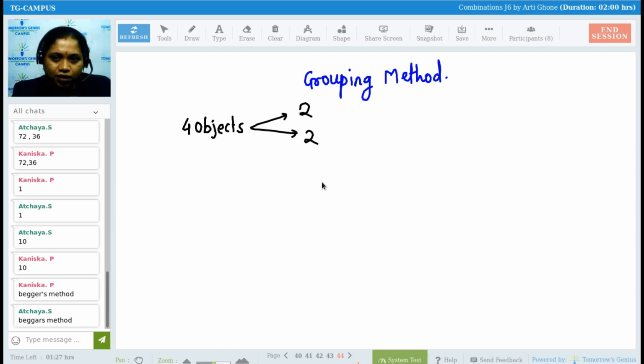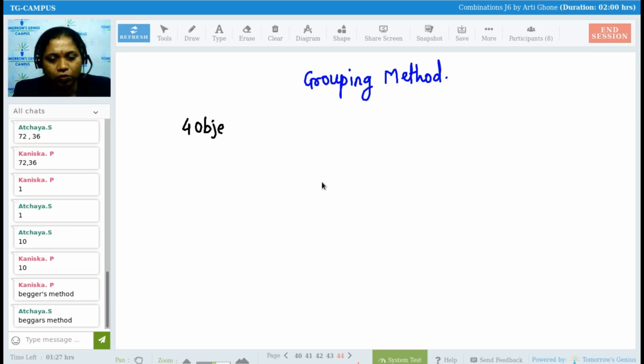Can anyone answer? I have 4 objects and I have to divide 2, 2. How can I do this task? You are not able to answer now, but with the formula you will be able to answer.